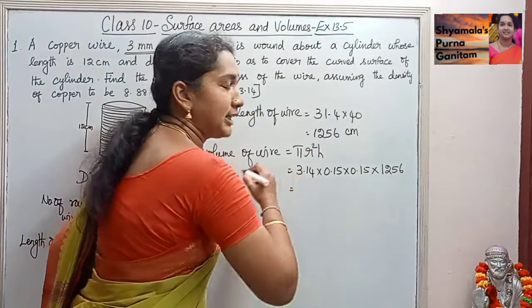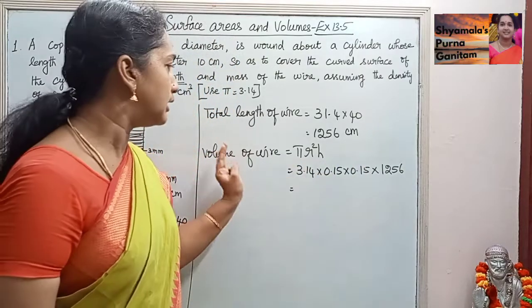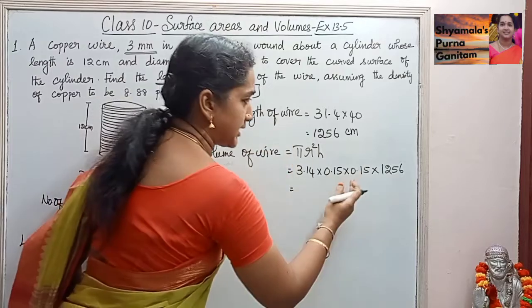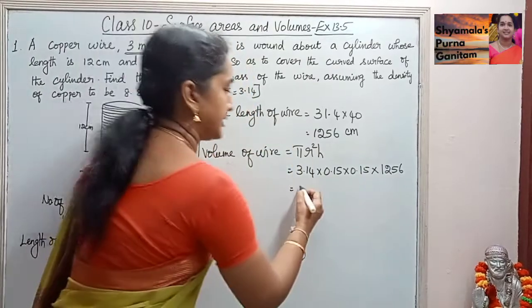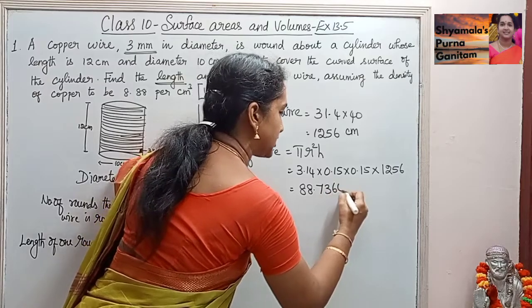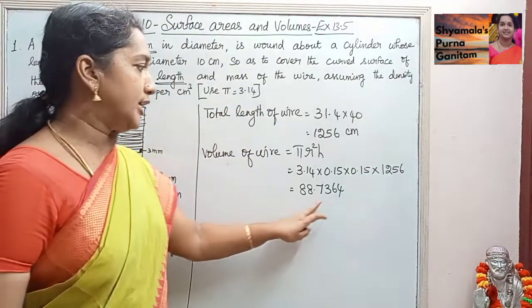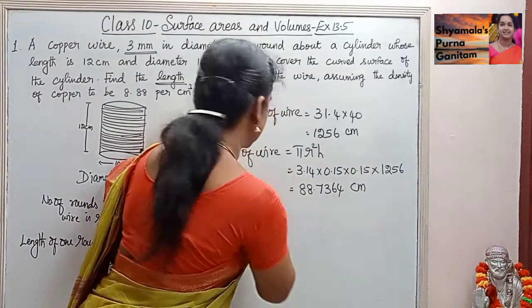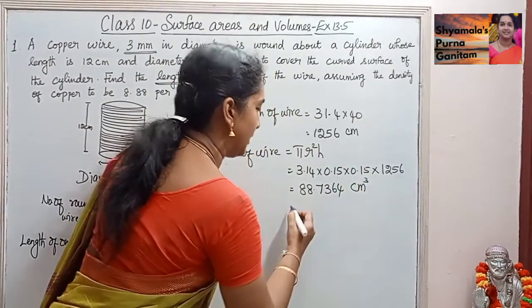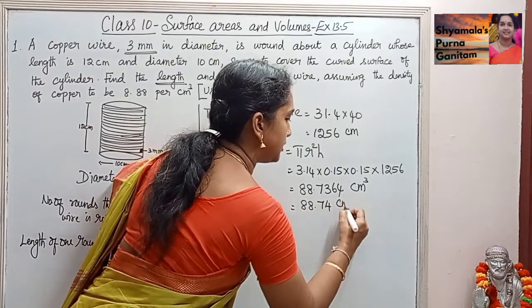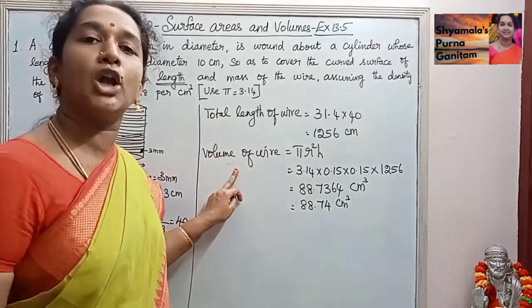When we multiply all these, we get 88.7364, which is about 88.74 centimeter cube. This is the volume of the wire.